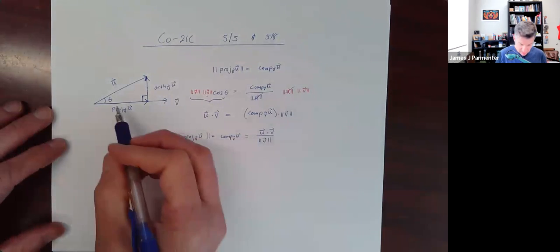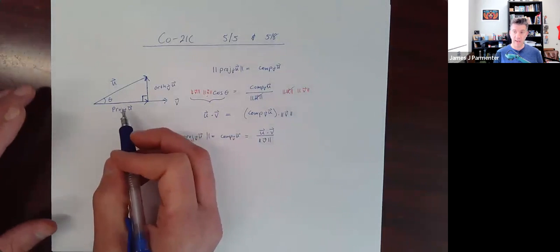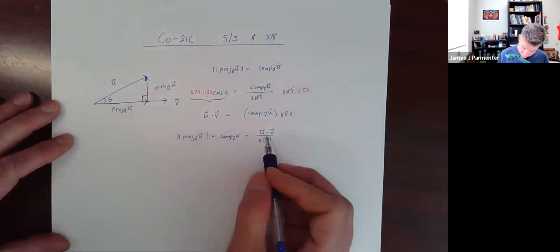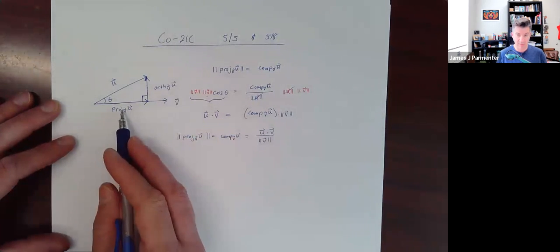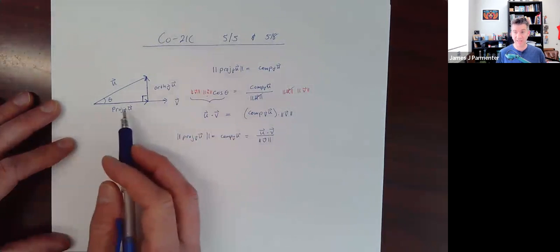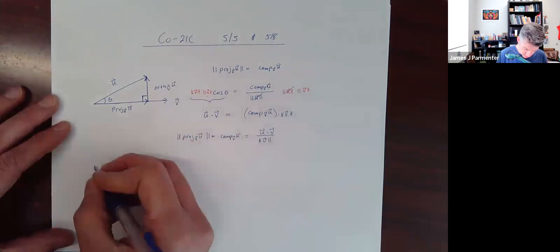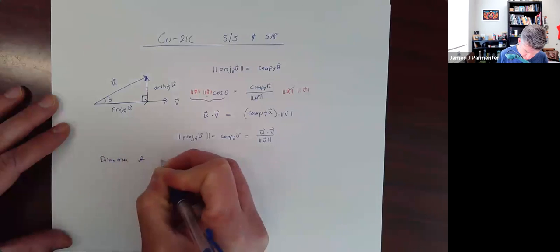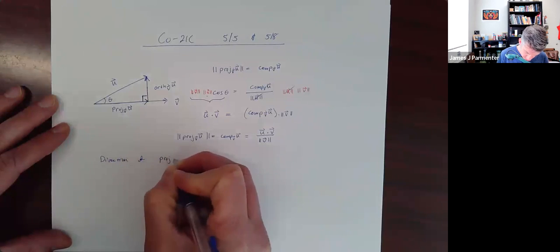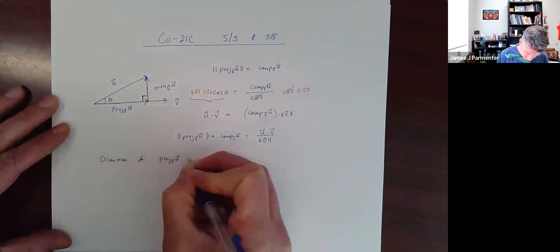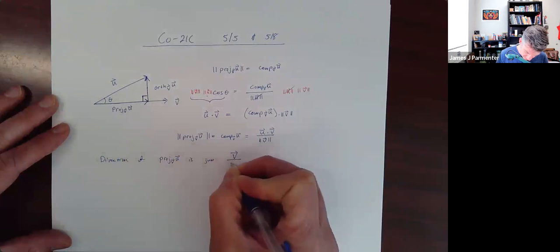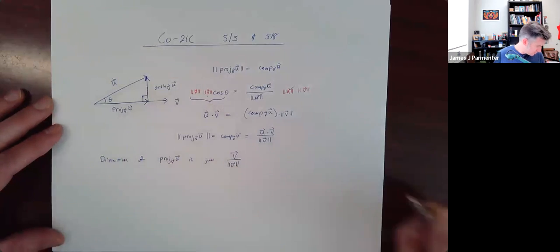And then to find the actual vector, the vector is a magnitude times a direction, or a length times a direction. So we're going to take the length of this vector and multiply it by the direction of this vector, but this vector is in the same direction as v. So the direction of this projection of u onto v is just the vector v divided by its own magnitude.